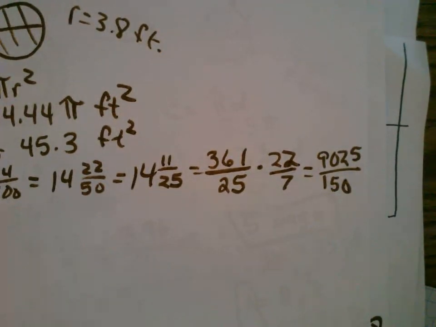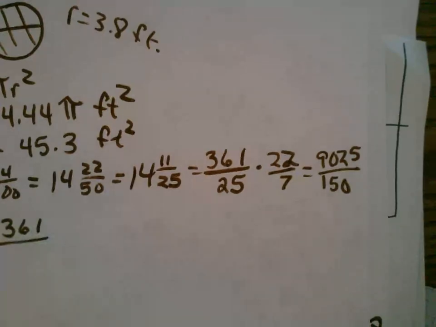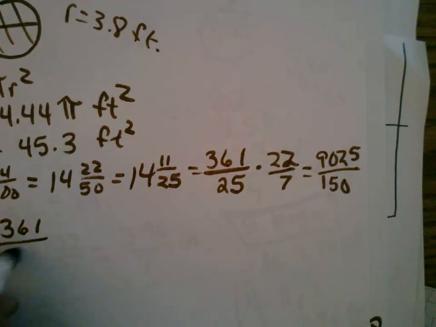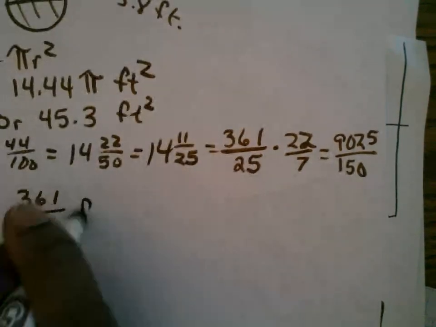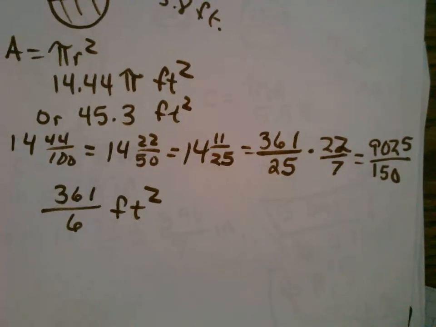I think I can divide 925 by 25 and I get 361. I divide 150 by 25 and I get 6 feet squared. Wow, that's amazing. I don't know if that's correct though.